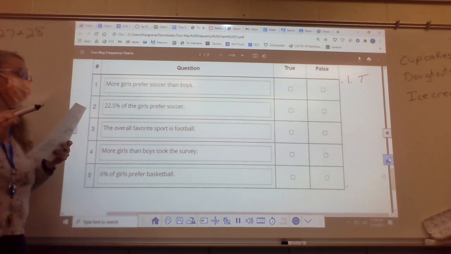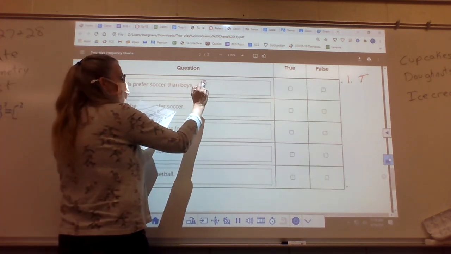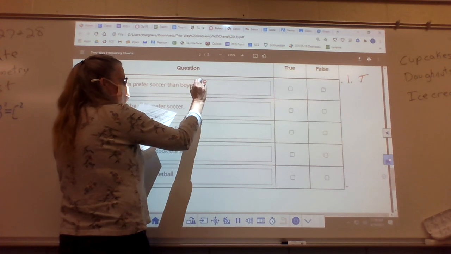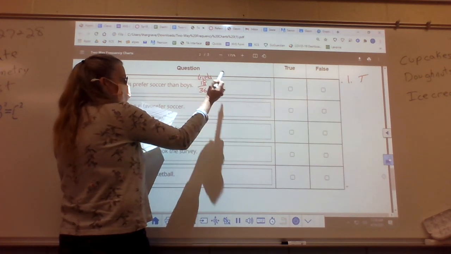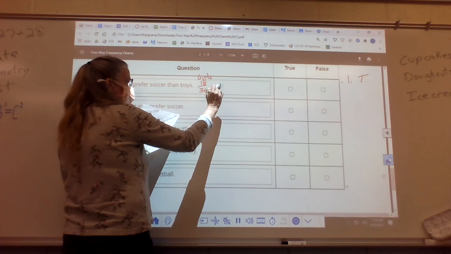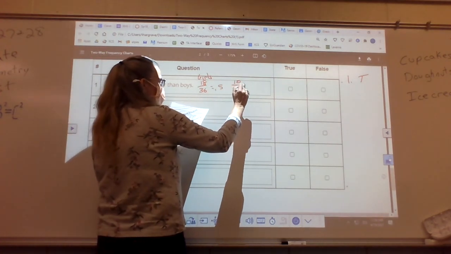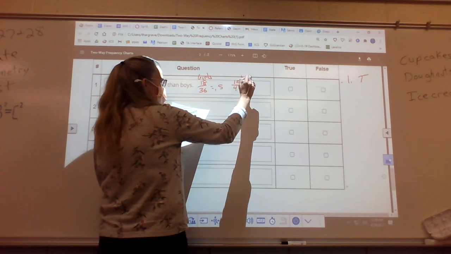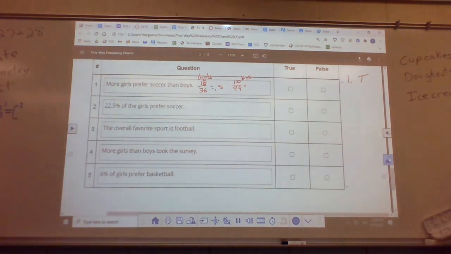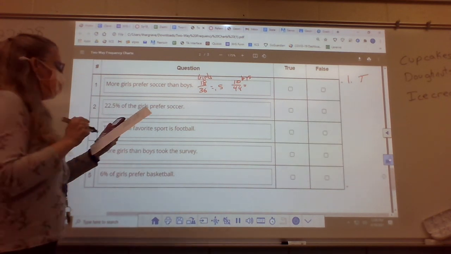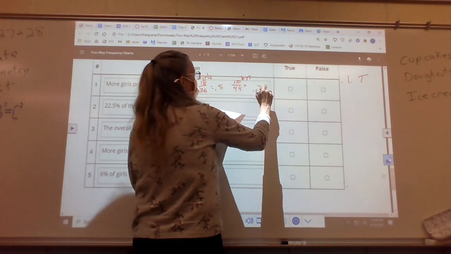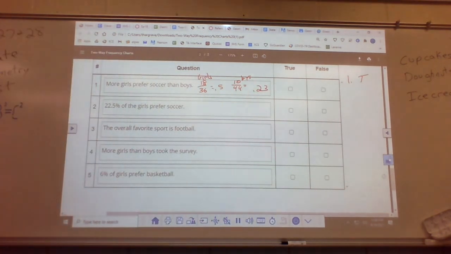Or if I even consider it as a percent, 18 out of 36 girls preferred soccer, which was 0.5, compared to 10 out of 44 boys preferred soccer, which was 0.2 something. 10 divided by 44 is 0.23. So no matter how you looked at it, girls preferred soccer.